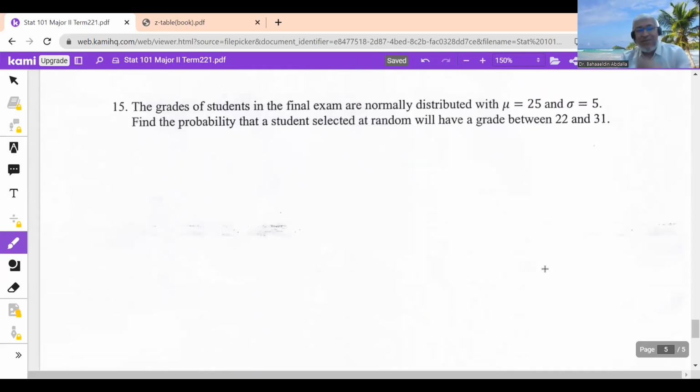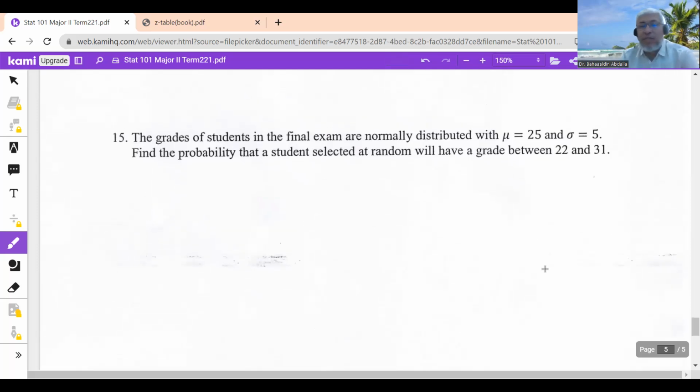The grades of students in the final exam are normally distributed, with this mu and this sigma. Find the probability that a student selected will have a grade between 22 and 31. The grade is the random variable X, and X follows a normal distribution. So we need the probability that X is between 22 and 31.